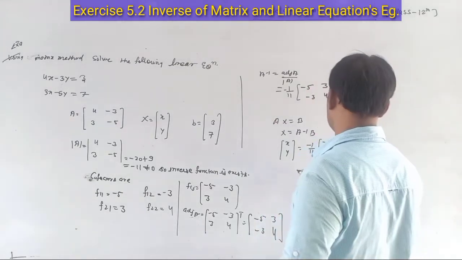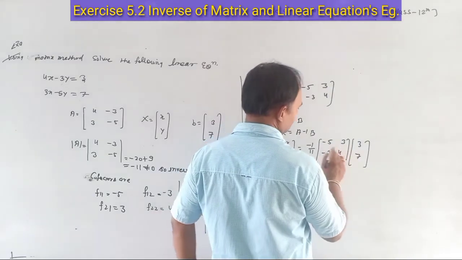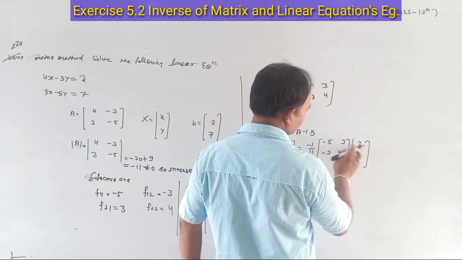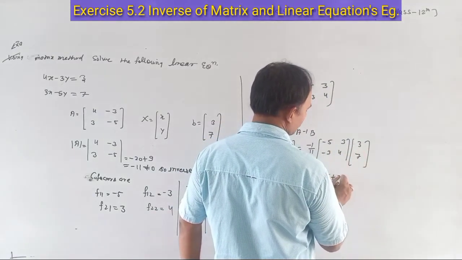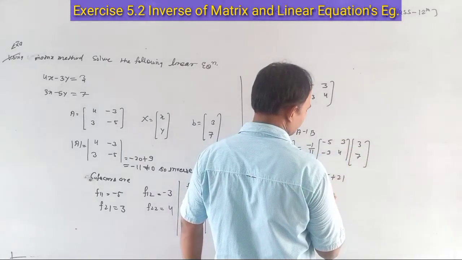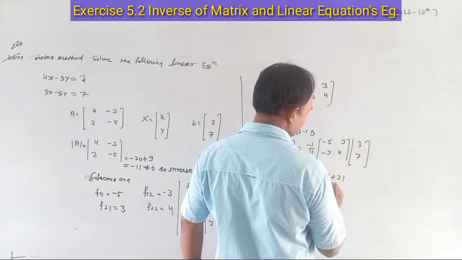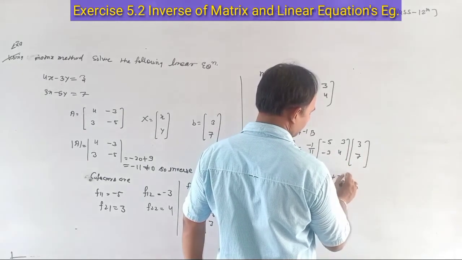So it is minus 1 upon 11 times minus 15 plus 21, and minus 9 plus 28.